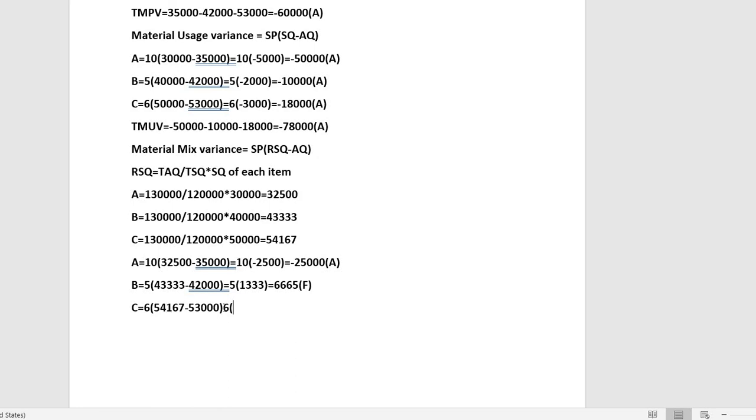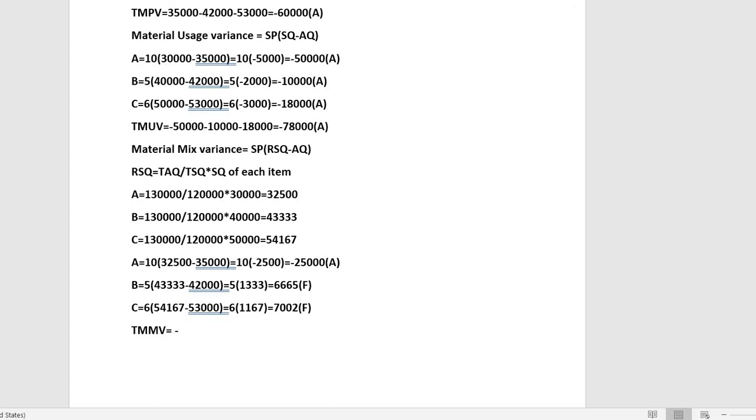So therefore 6 into 54,167 minus 53,000. It will come to 1,167 as the difference. Therefore 6 into 1,167, 7,002, which is a favorable variance.